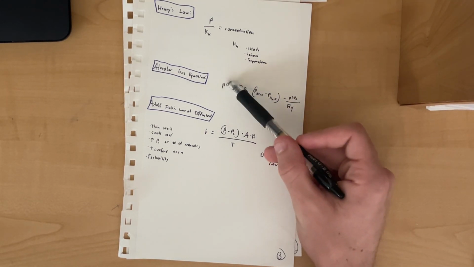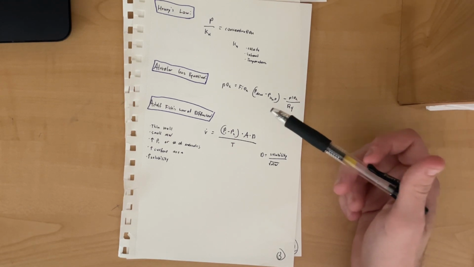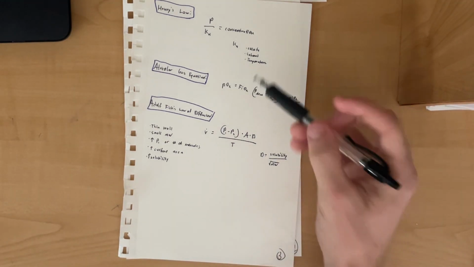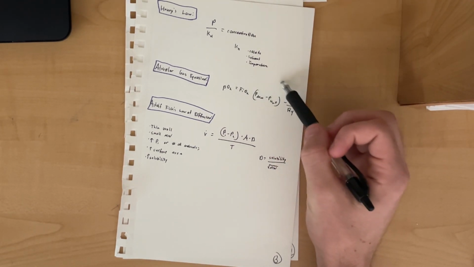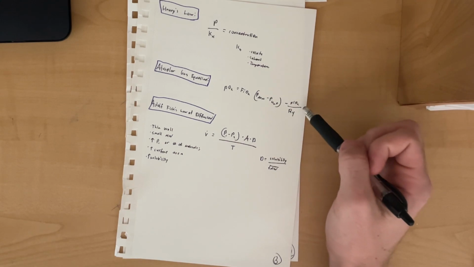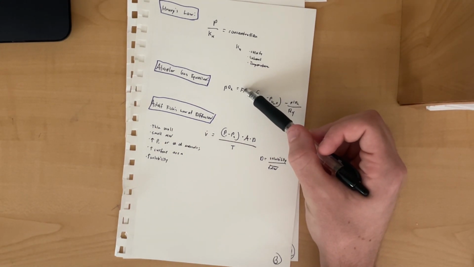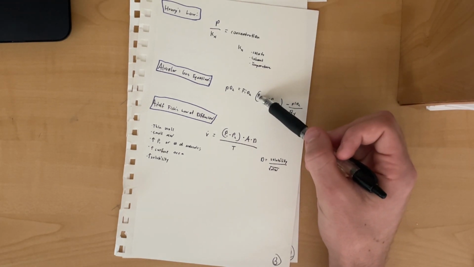This first variable right here represents the partial pressure of oxygen in the alveoli, the air component, sorry. This next part, this whole component right here, is oxygen in, and this part is oxygen out. This next variable represents the concentration of oxygen in the air breathed in, and it's multiplied by these two things.